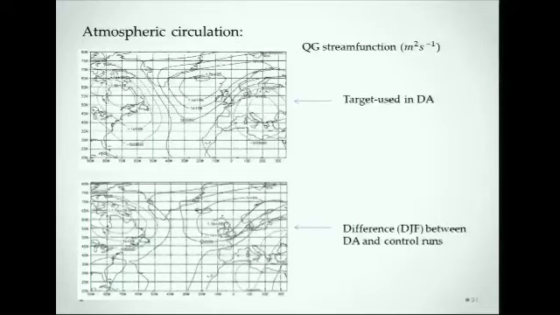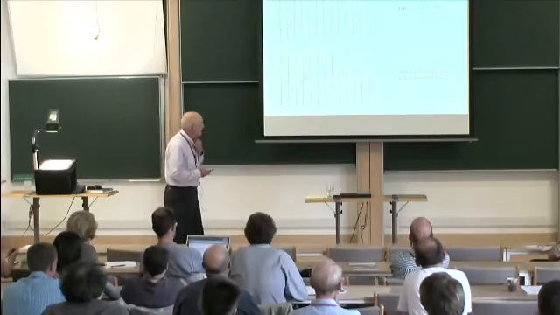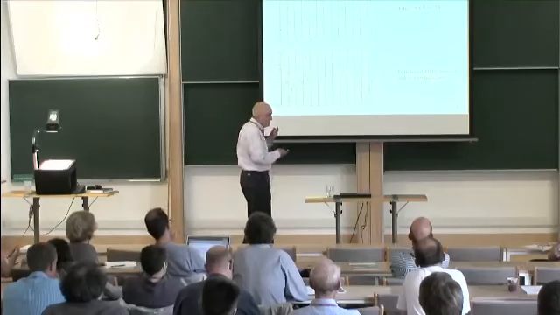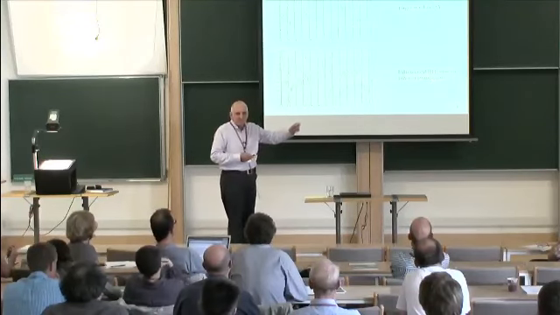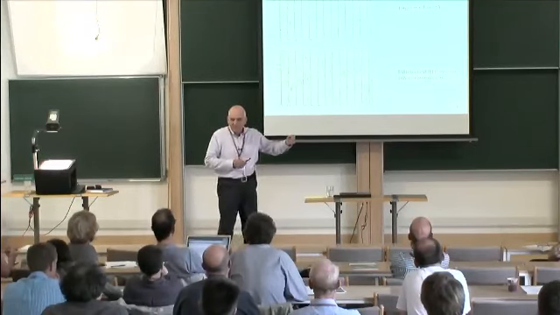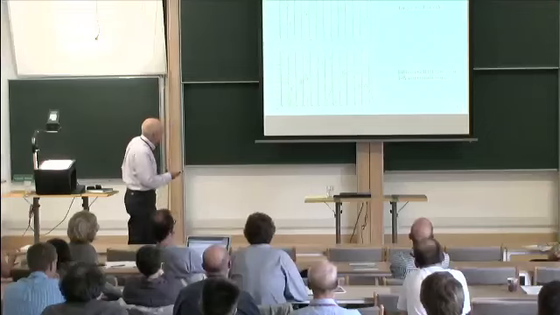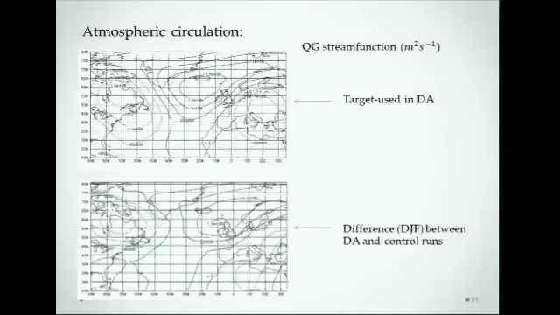And this is the result of the data assimilation. I couldn't find a journal associated with these initials, so I figured it had to stand for December, January, February. It seemed like in Europe the winter is December, January, February, but in the States it's January, February, March. I don't know. Anyway, this is the difference between the DA and the control runs.